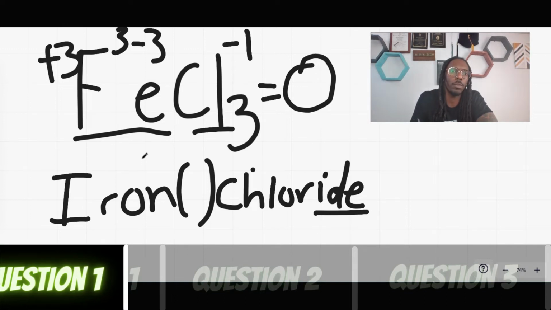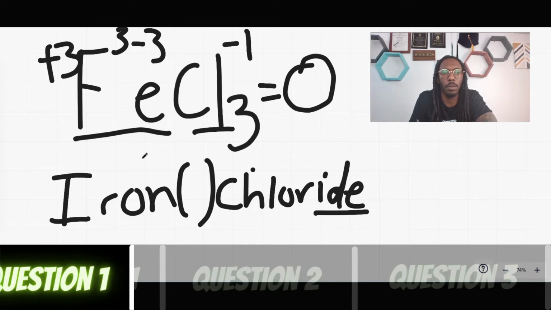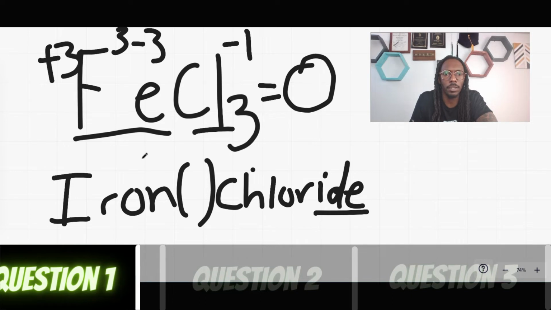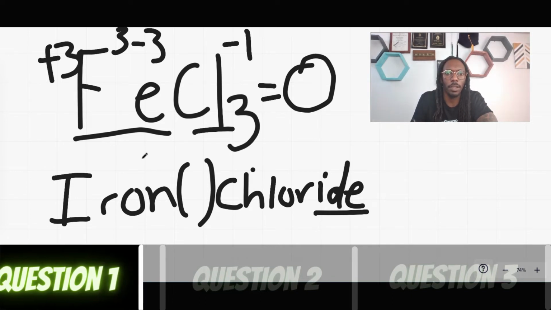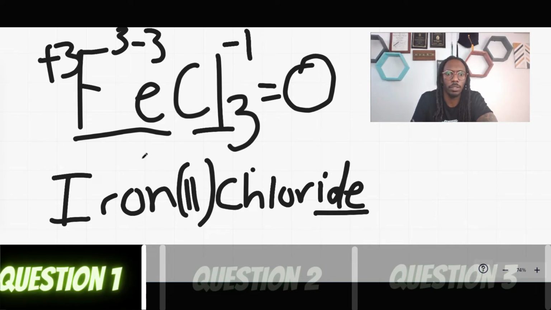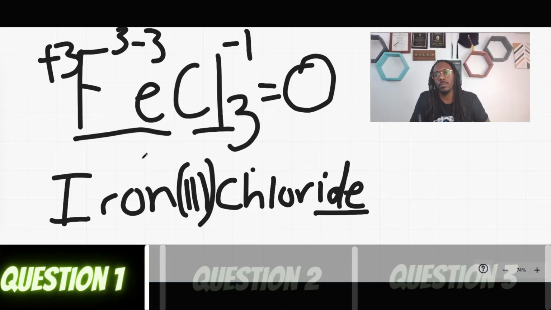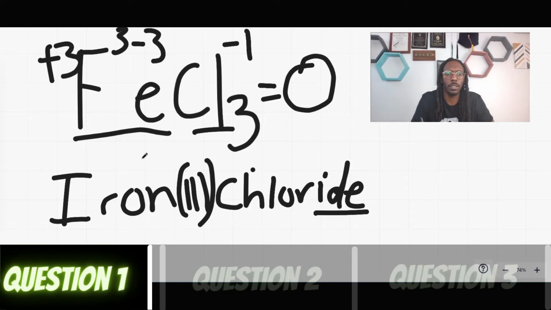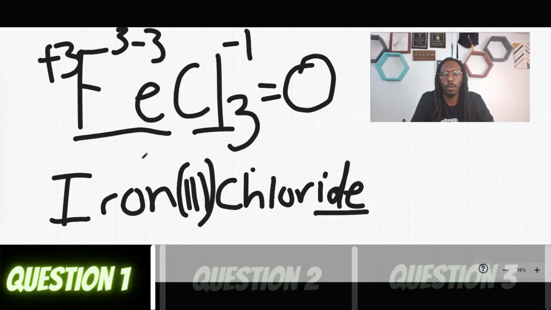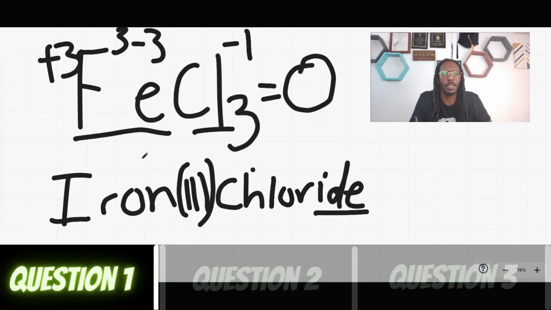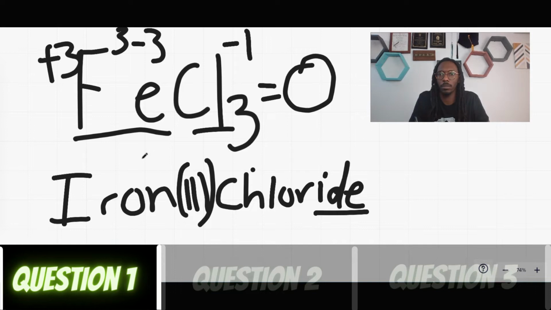Since we know that iron has an oxidation state of +3, or a charge of +3, then we must put the charge in for iron chloride, 1, 2, 3. So this is iron(III) chloride. That's the name of this compound.